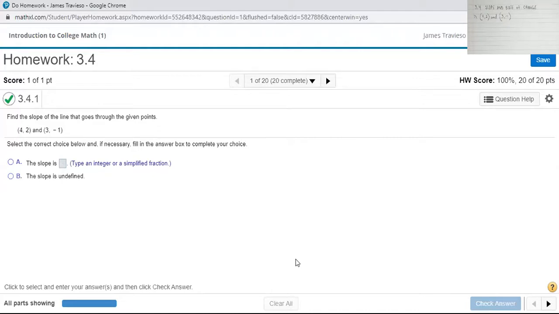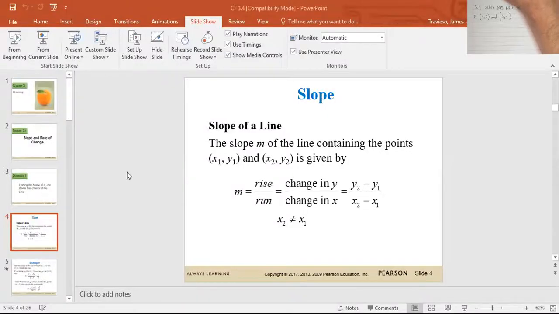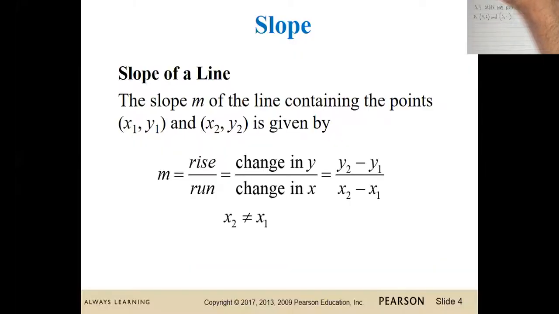And so let's talk a little bit about what slope is. We're going to go into some decent slides in the PowerPoint. So again, once you're given 2 points, it's very easy to find the slope of the line.